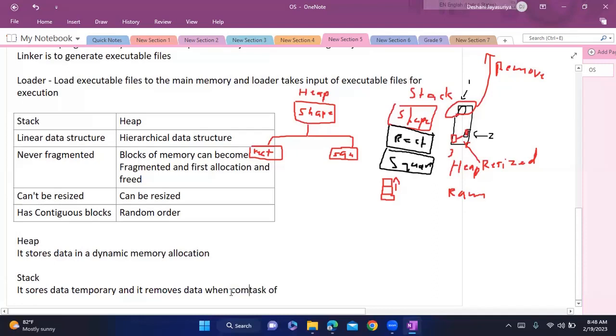Computing task will be a better word, right? The processing task, once it's executed, only then will it be removed, right? But here you will be removing it once the fragment is processed. So that's how this works.